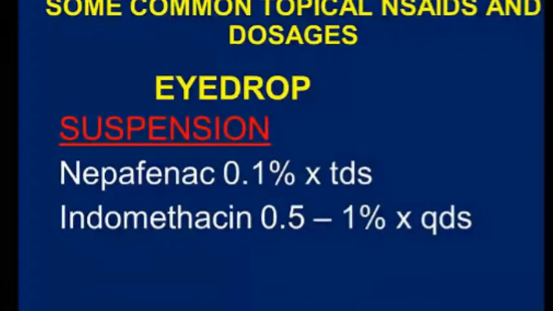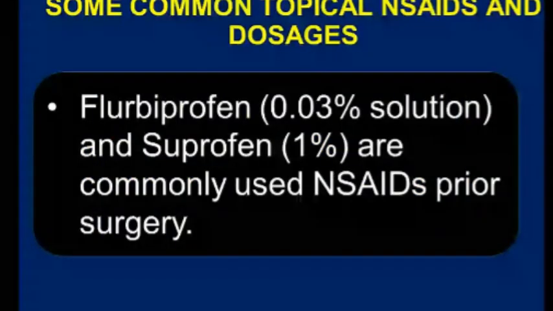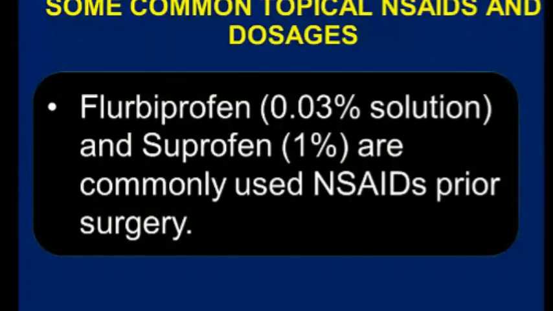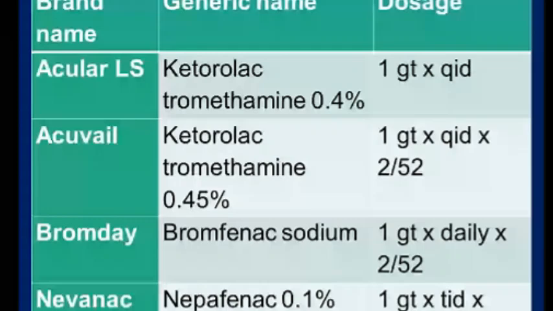So nepafenac 0.1% 3 times daily. Nepafenac can also be in suspension, and indomethacin can also be in suspension. Flurbiprofen is also one. Ibuprofen too is another example. So you can go through this to read up on these other NSAIDs and their dosage.